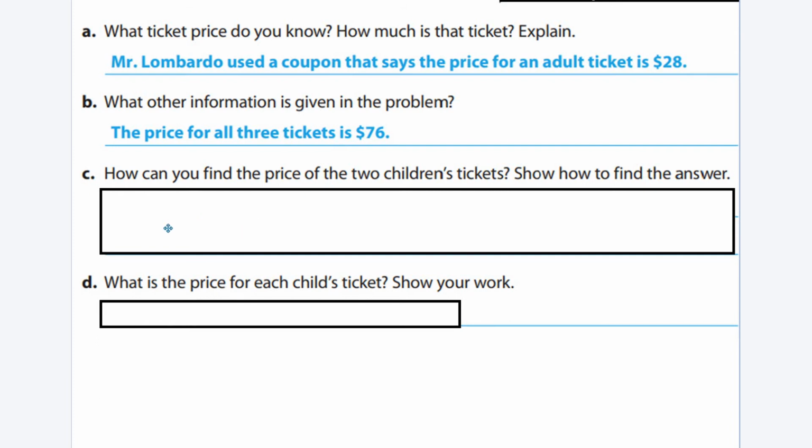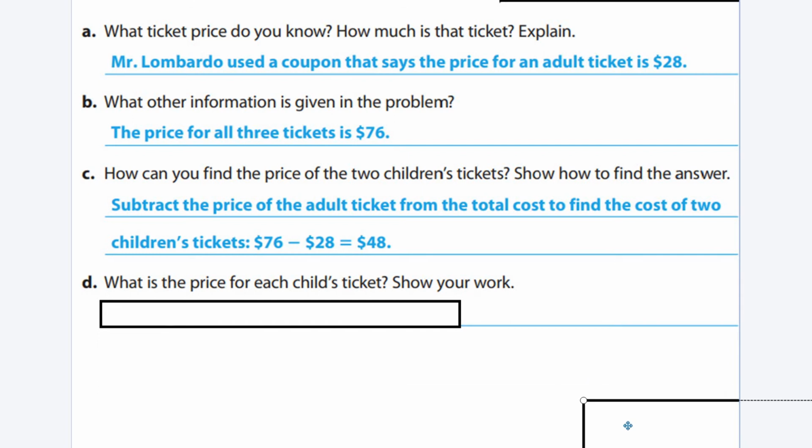Question C. How can you find the price of the two children's tickets? Show how to find the answer. Well, think about that. Subtract the price of the adult ticket from the total cost to find the cost of two children's tickets. So, we know that in total it was $76, and then you take away the $28 that an adult ticket is with that coupon.